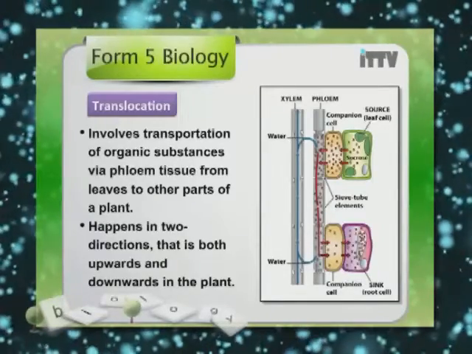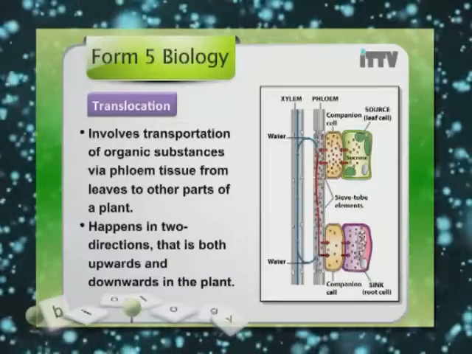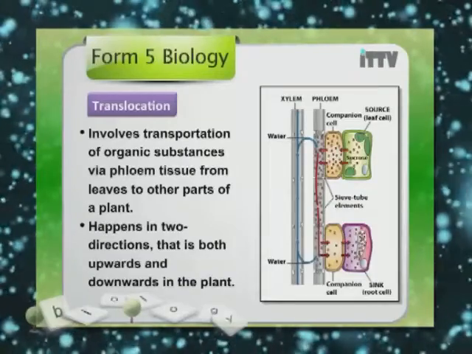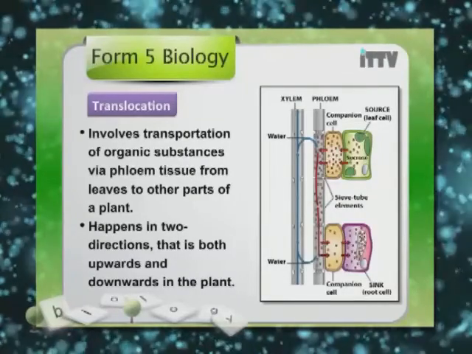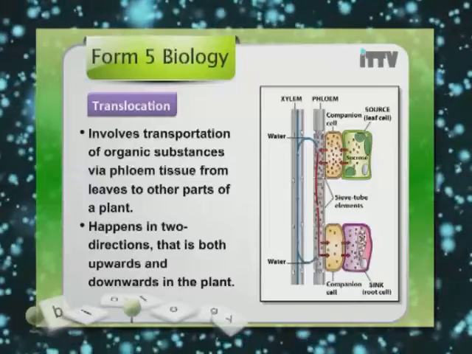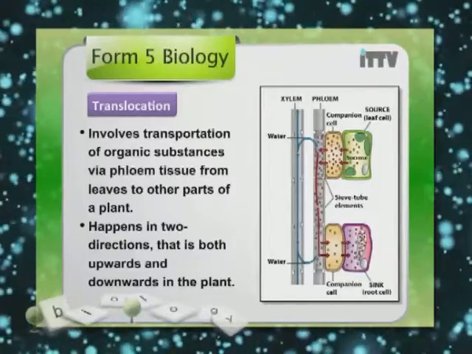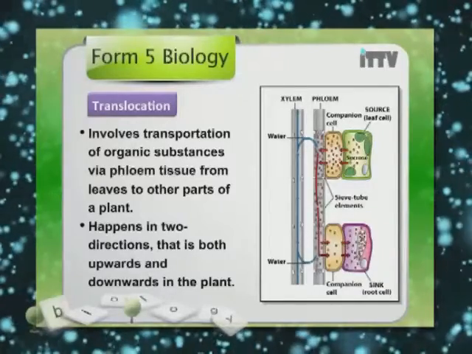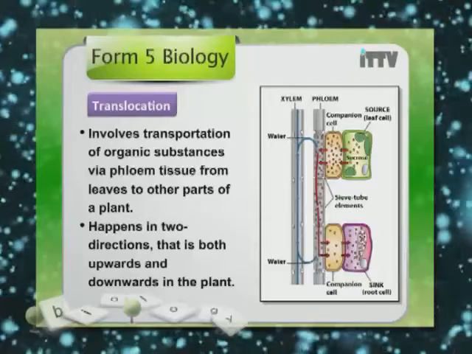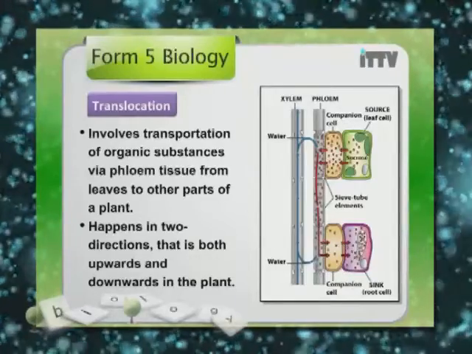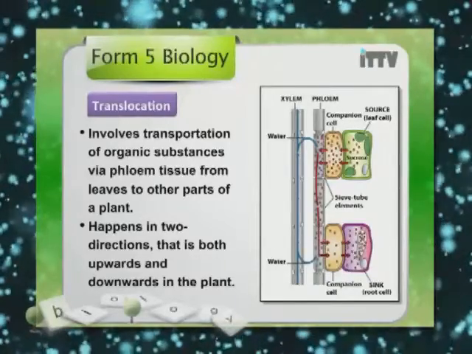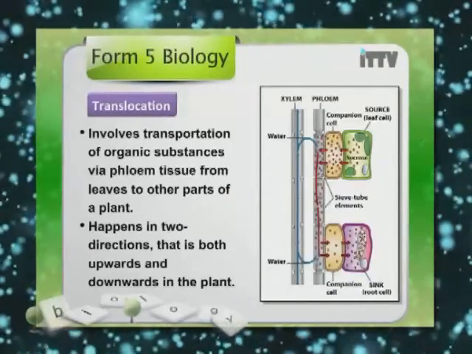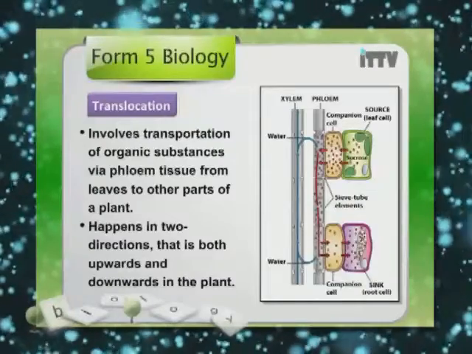If you refer to the diagram, you notice that the xylem and the phloem vascular tissue are located side by side. And always accompanying the phloem will be the companion cells, which are full of organelles like mitochondria, nucleus and dense cytoplasm. Beside the companion cell will be the leaf cell.